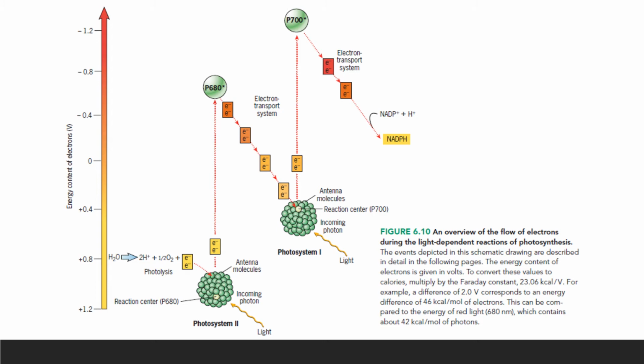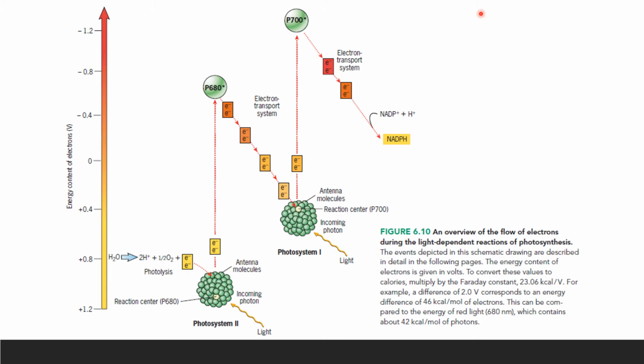Okay, so as you see, this is the energy content of the electrons, and in line with it are the different molecules that are included in the different photosystems. Okay.